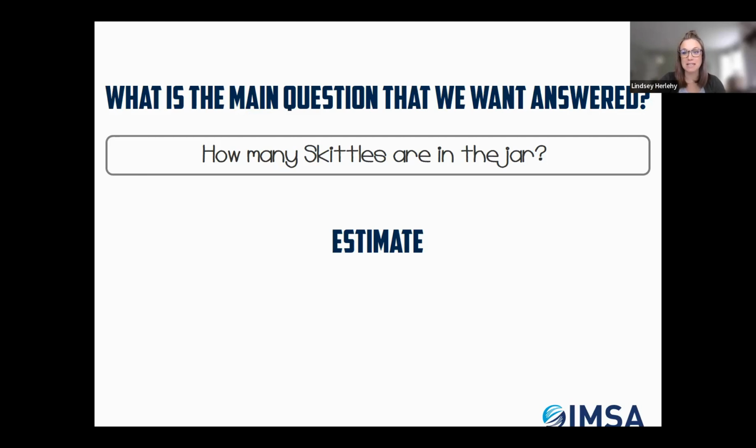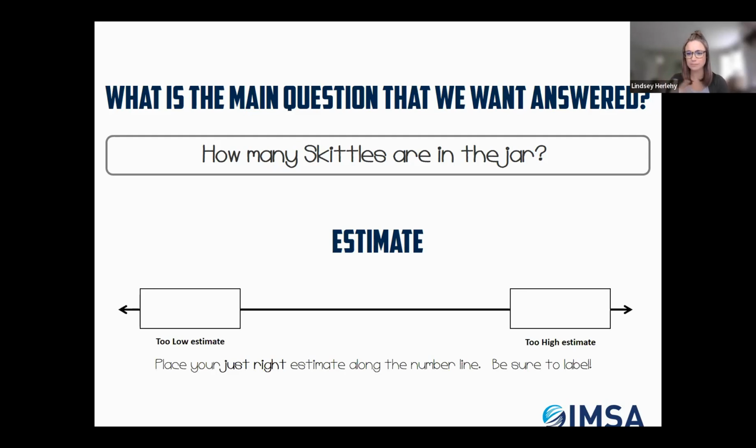Estimates are cheap and easy and anyone can make them. We do predictions all the time in science, but we don't do a lot of estimating in math. And when we think about how estimation relates to number sense and being able to reason with mathematics, estimating is really important. So we're going to estimate here, and I'm going to show you a scale.